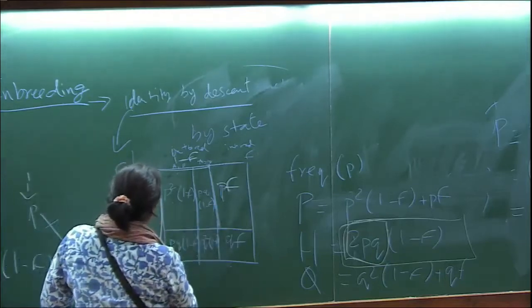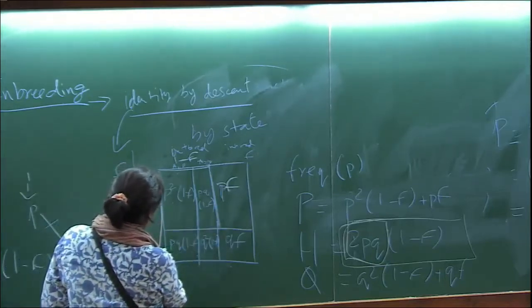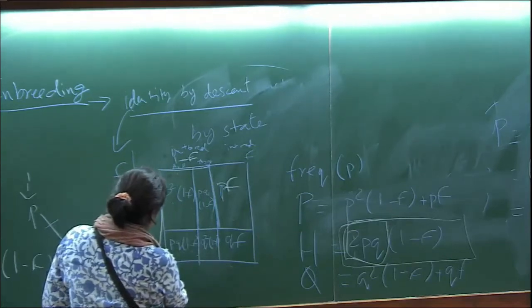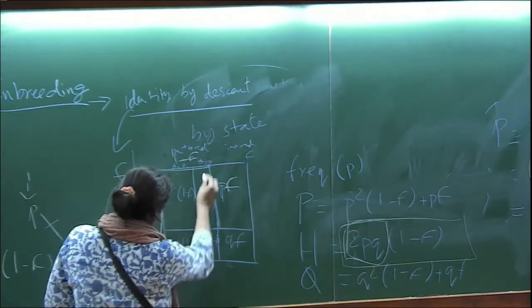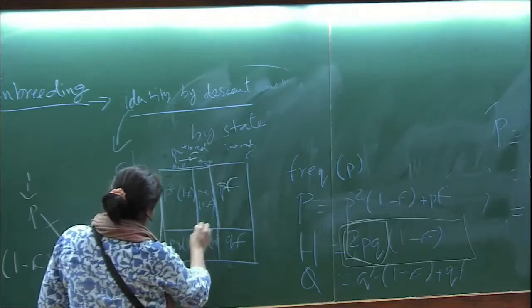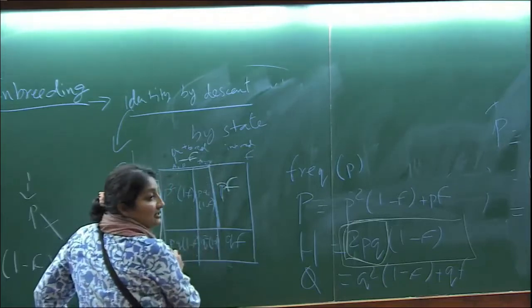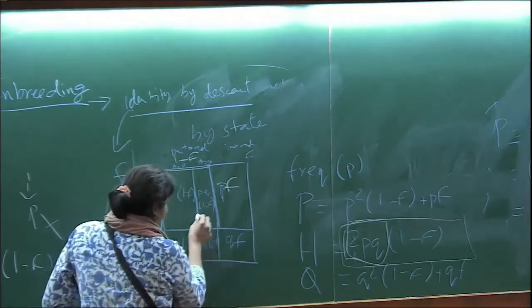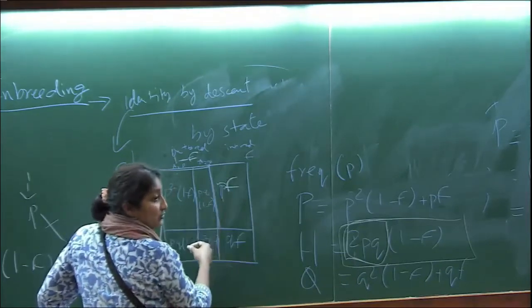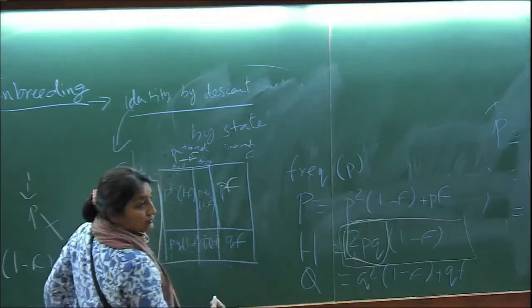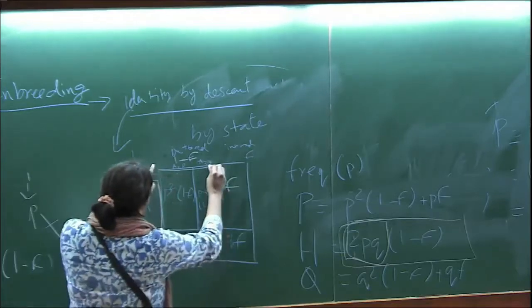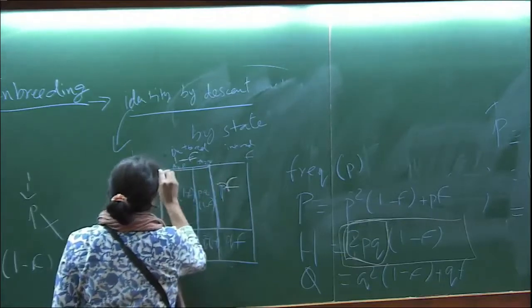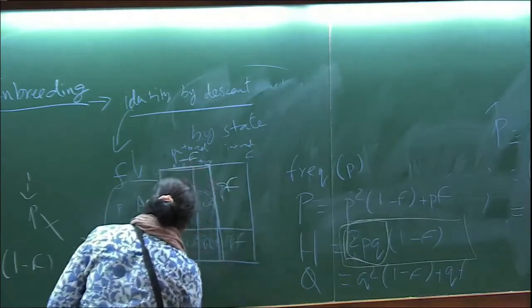Here the first allele is A2 and then you pulled a P. Here the first allele is A1 and then you pulled an A2. Here you pulled two A2s. So that is for the outbred individuals.